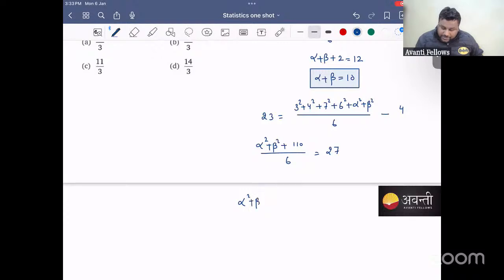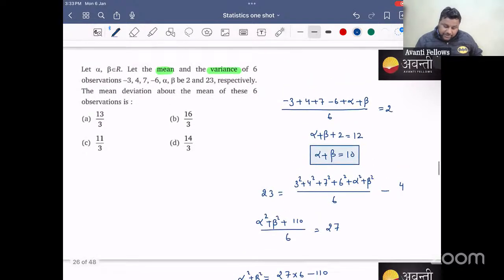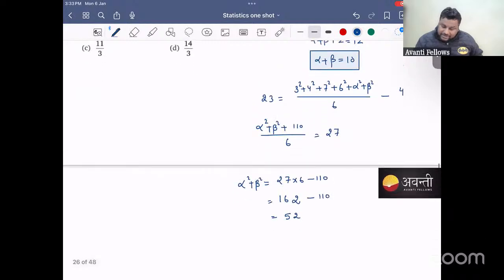So alpha square plus beta square is 27 into 6 minus 110, that is 162 minus 110, which is 52. So alpha square plus beta square is 52 and alpha plus beta is 10.